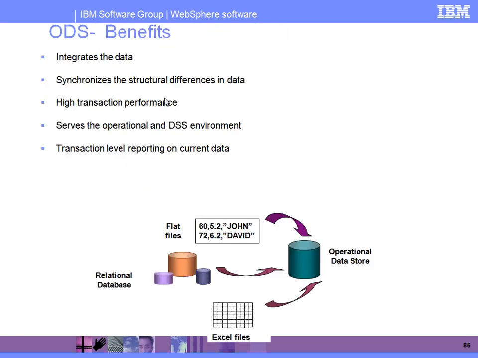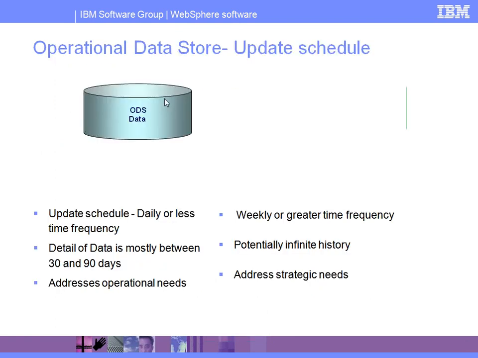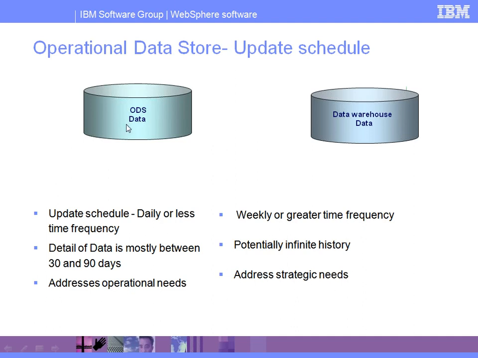Let me show you the basic difference between ODS and data warehouse data. ODSs will have the daily data or lifetime frequency data, but the warehouse is going to have a huge amount of data. These ODS systems will maintain mostly 30 to 90 days of data, but the warehouse maintains it infinitely. There is no time limit to maintain the data in a warehouse.